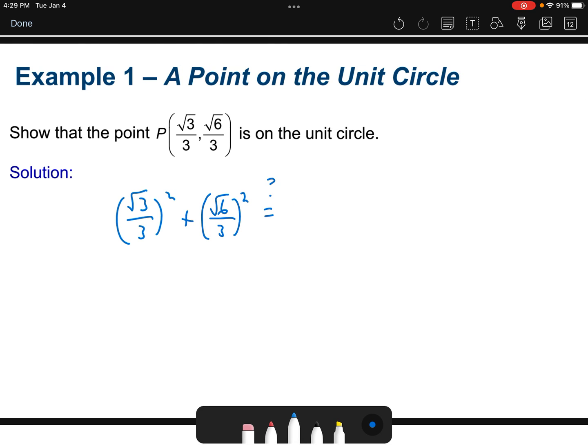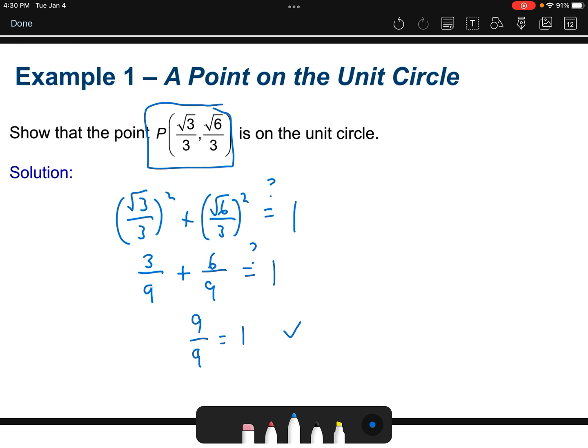Does it equal 1 to be on the unit circle? Well, radical 3 squared is 3, 3 squared is 9. Radical 6 squared is 6, 3 squared is 9. Does 3 ninths plus 6 ninths equal 1? Sure, 9 ninths. So we've determined that this point, P, is indeed on the unit circle.